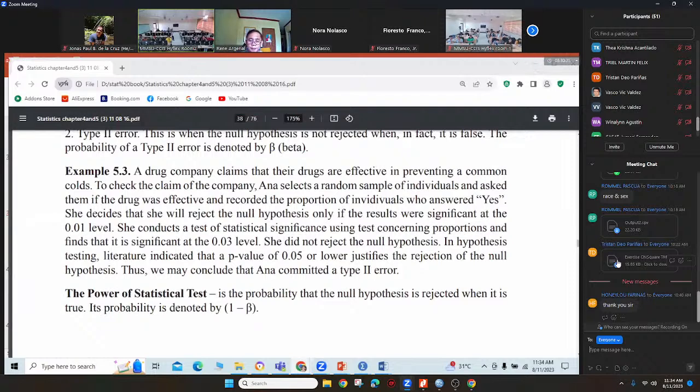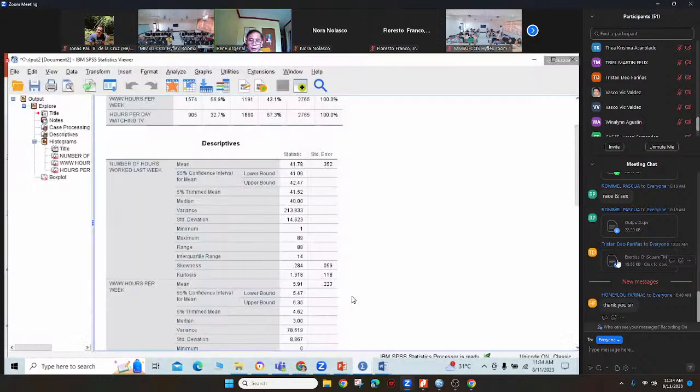That is 0.118, no? 0.118. And this one is greater.